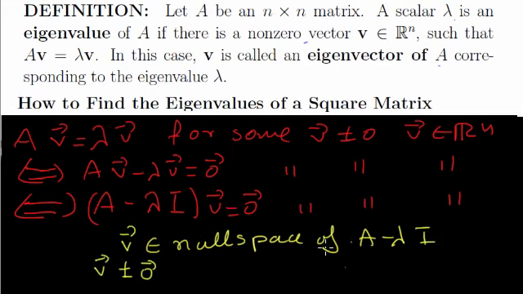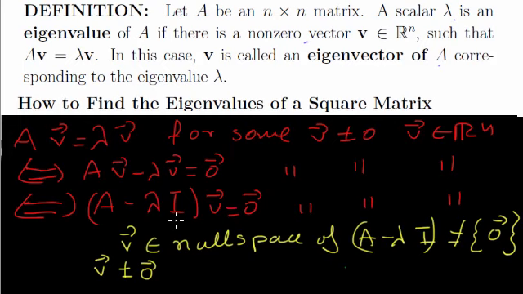So that tells me that the null space of A minus lambda I is not equal to the zero vector alone. So that says something about A minus lambda I. Well, it says that it's not row equivalent to the identity matrix.